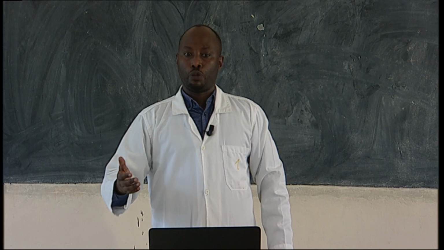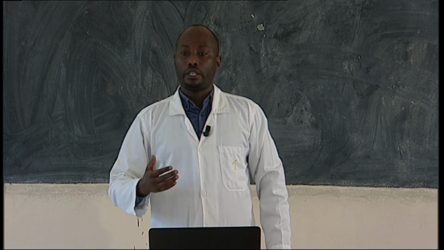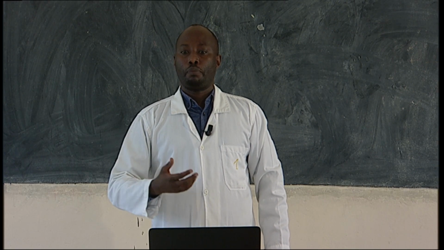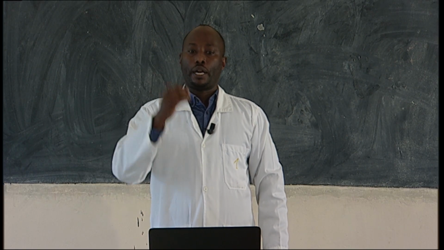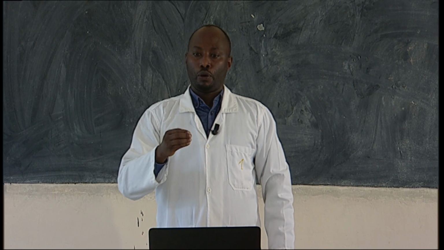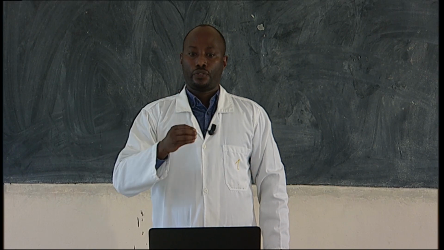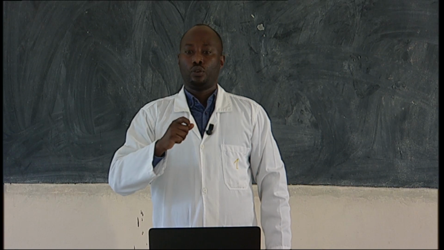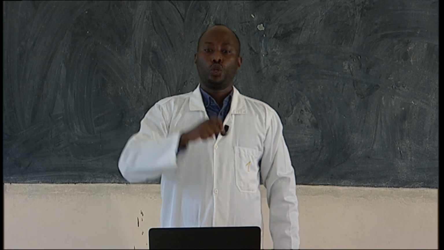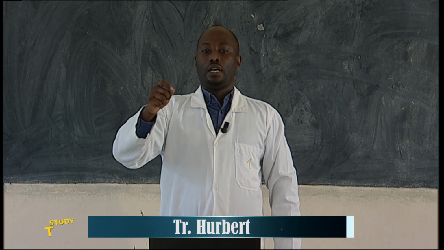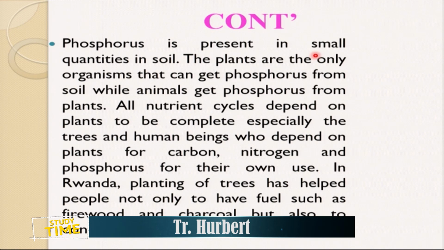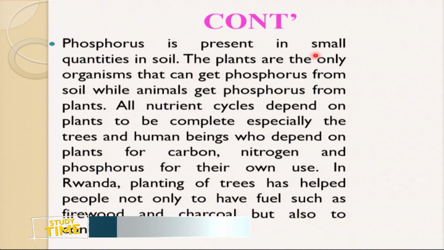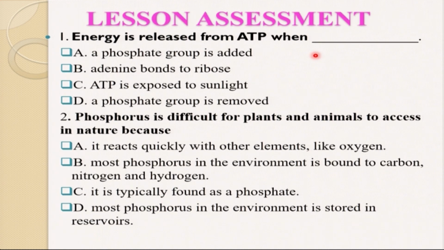The nutrient cycle depends on plants, especially trees, and human beings depend on plants for carbon, nitrogen and phosphorus for their own use. In Rwanda, planting of trees has helped people not only as fuel, firewood and charcoal, but also for controlling soil erosion and for making the nitrogen cycle keep saturating.